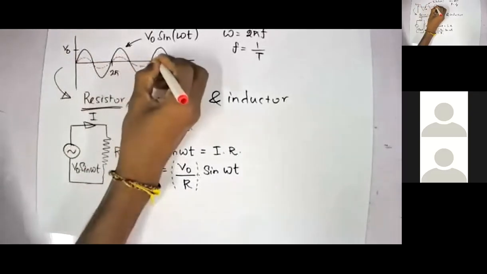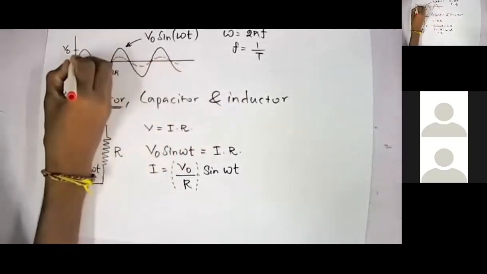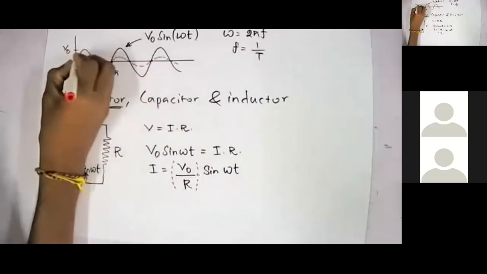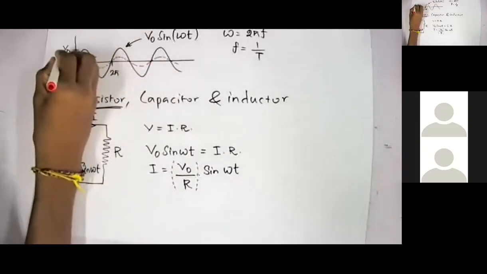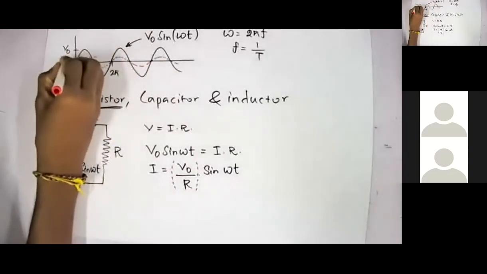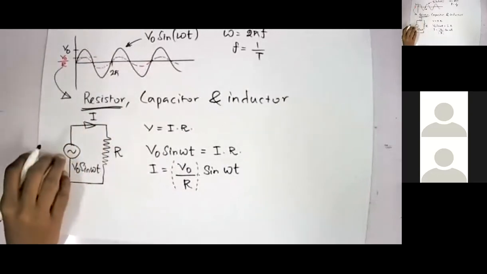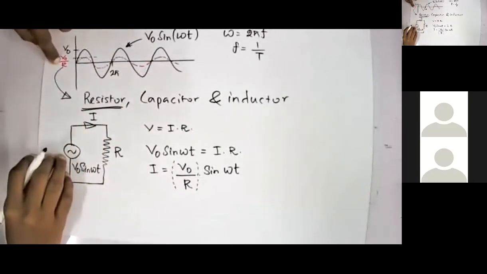And this magnitude will be V naught divided by R. Can you see it clearly?